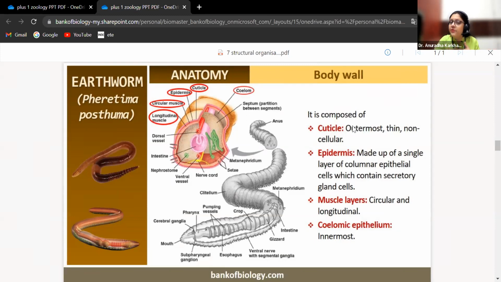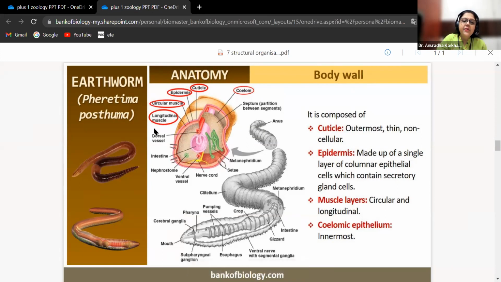Just like in our alimentary canal we have circular and longitudinal muscles, similarly in their whole body there are circular and longitudinal muscles present. Coelomic epithelium: coelomic means cavity. Just as our mucosa lines the cavity or lumen, the epithelium lines the coelom, the body cavity, innermost. You can see here the cross section they have taken.